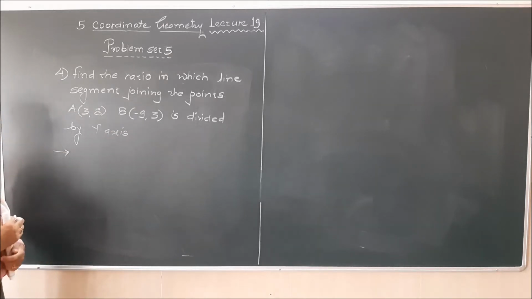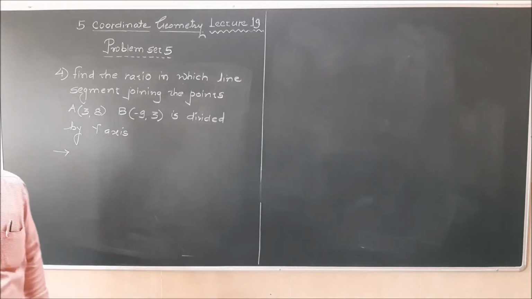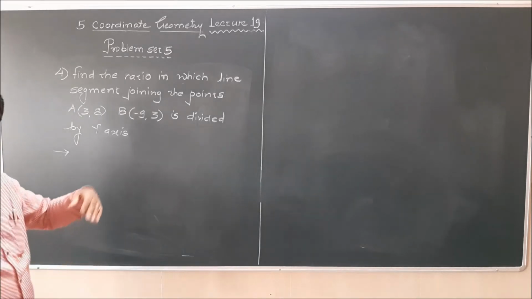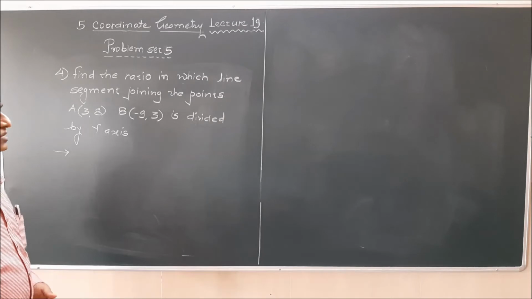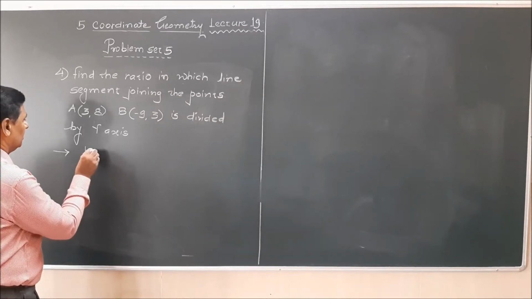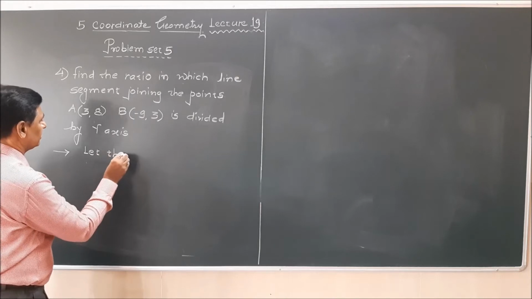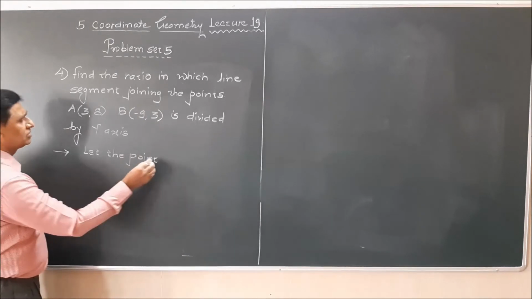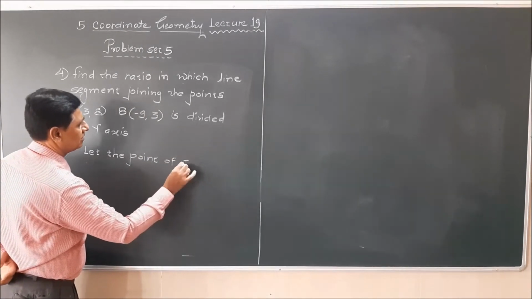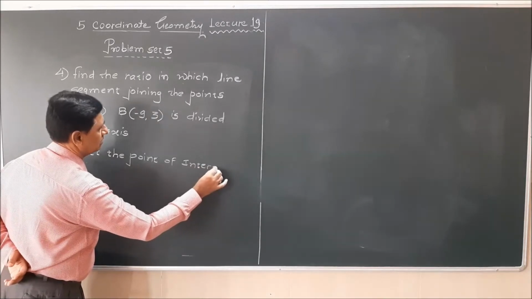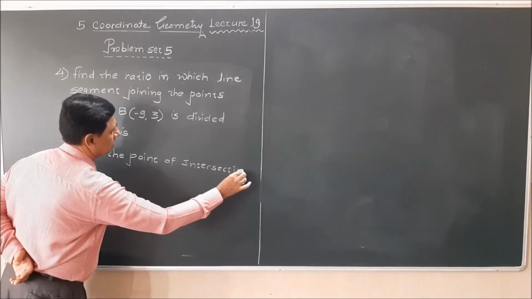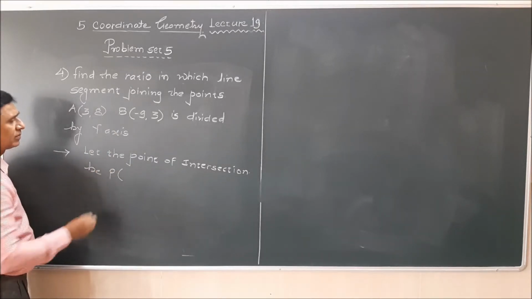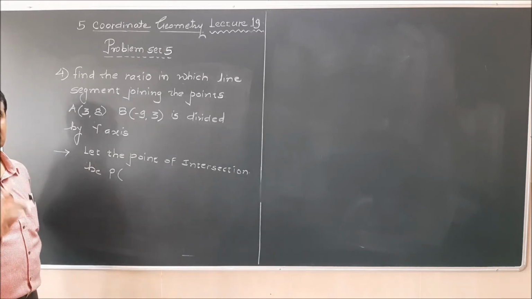So what condition is given? That this point is dividing segment AB and that point is lying on the y-axis. So let the point of intersection be P. Please try to understand.